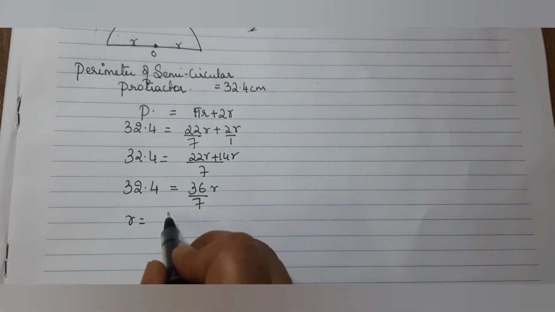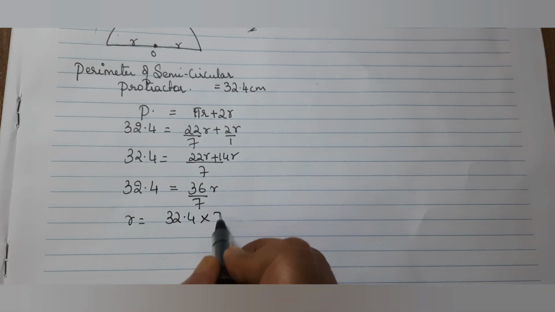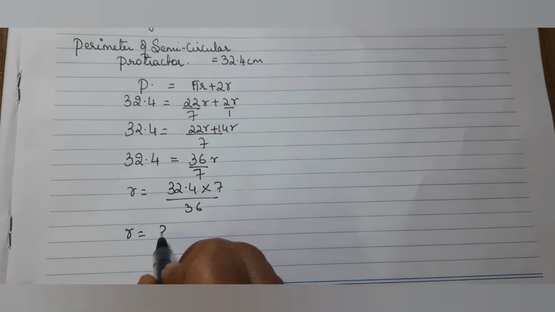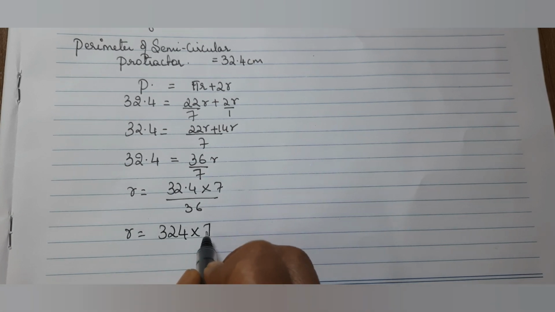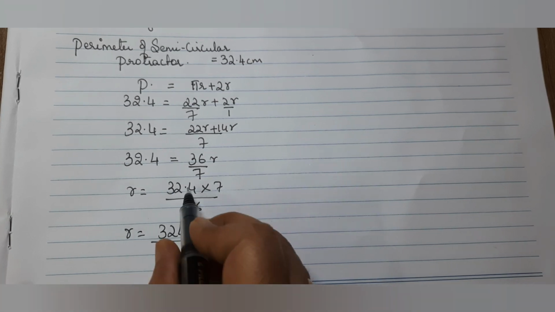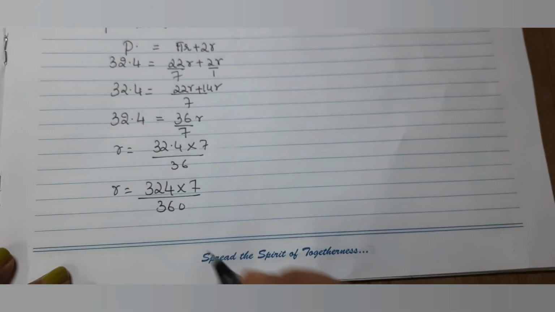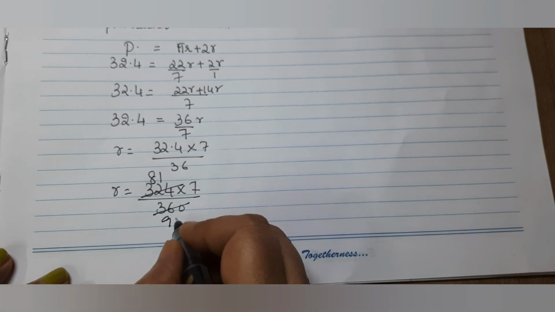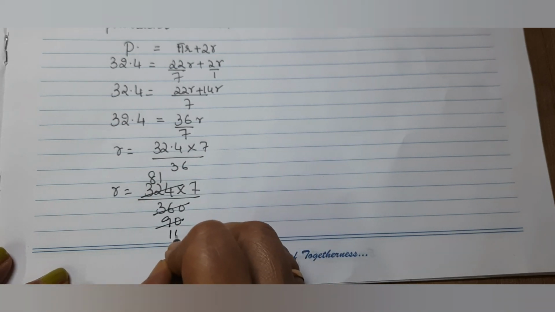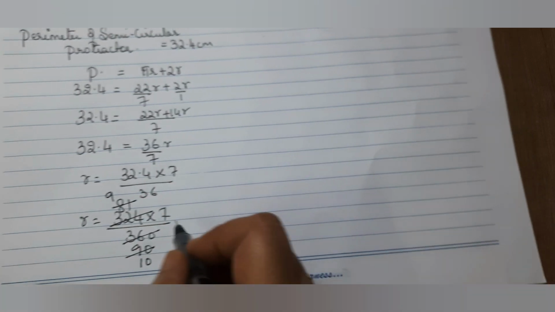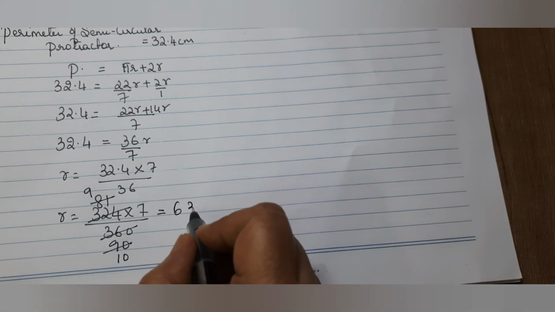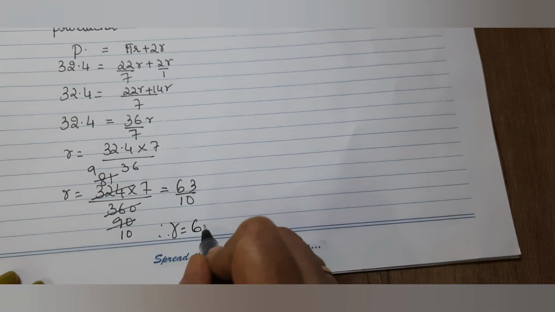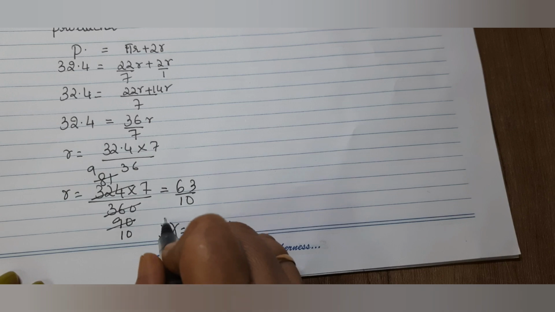Now r will be 32.4 into 7, cross multiply, divide by 36. For cancellation I will make this easy: 324 into 7 by 360. I removed one point in the numerator and placed a 0 down. Now 36 goes in 324, 9 times. 9 into 7 is 63 divided by 10. So therefore the radius will be 6.3 centimeter.